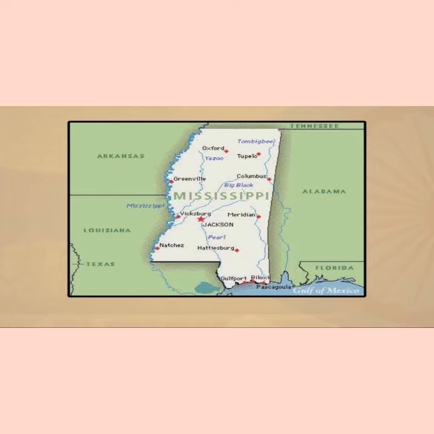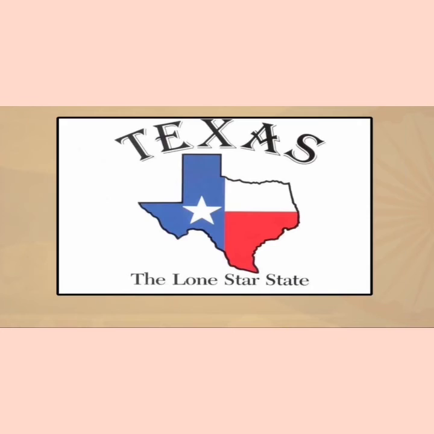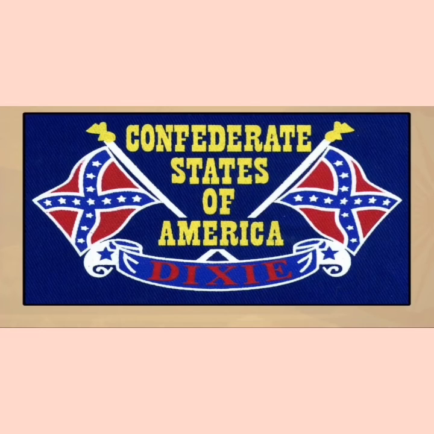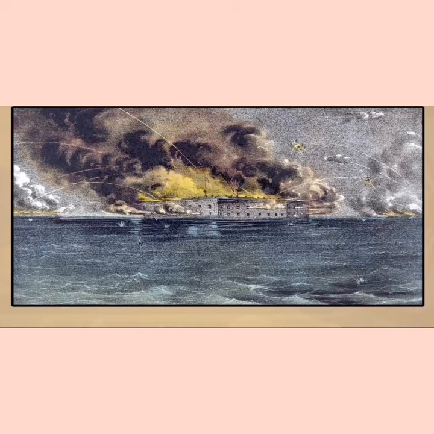Many southern states decided to break away from the Union. South Carolina was the first state to secede. It was followed by Mississippi, Florida, Alabama, Georgia, Louisiana, Texas, Virginia, Arkansas, Tennessee, and North Carolina.